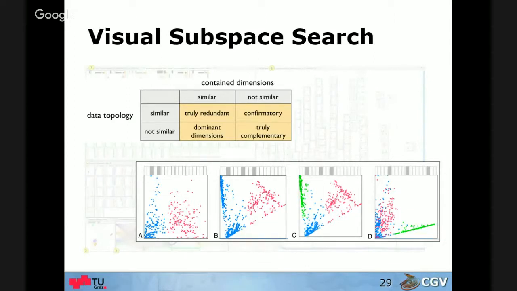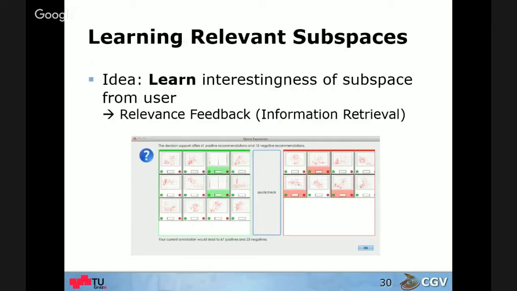So one approach here was to apply subspace search methods, and recently we also took a look into a second line of work in order to help users converge more quickly to interesting or potentially meaningful findings by applying an idea which has been around for quite a while, mainly in information retrieval, which is relevance feedback.